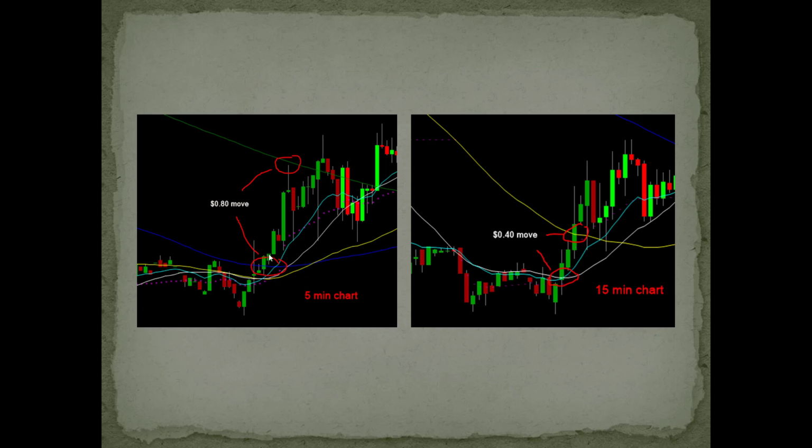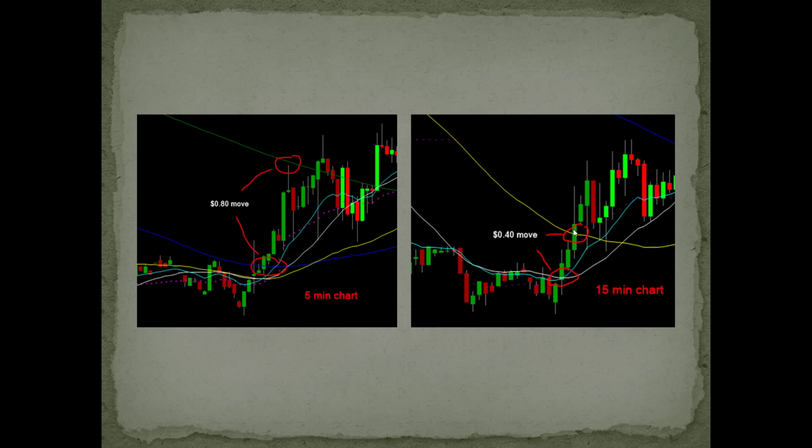Confirmation is the next candle when it confirms above. So it opened above that resistance. So that would have been an entry. All right, sorry, it was an entry. And then I'm expecting an 80-cent move to the next resistance on the 5-minute, right? So then I scale over here to the 15-minute, and I'm like, oh crap, I've got a 40-cent move to next resistance.